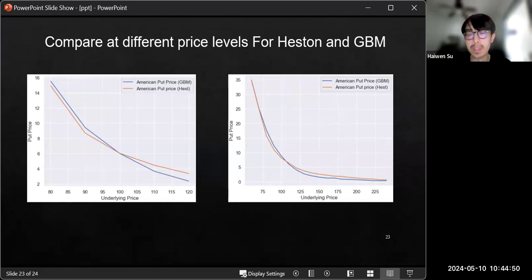And we can sort of see the different sensitivity. The Heston model adapts to the change of stock prices more dynamically, especially at lower prices where most of the volatility tends to be in a put option market, which affects the put option prices more significantly.